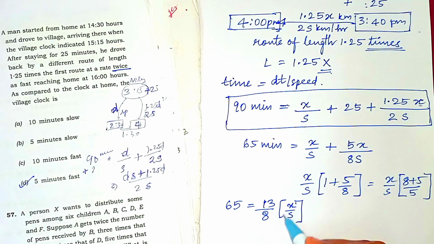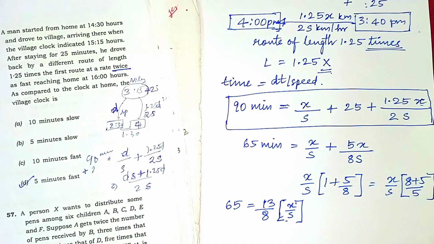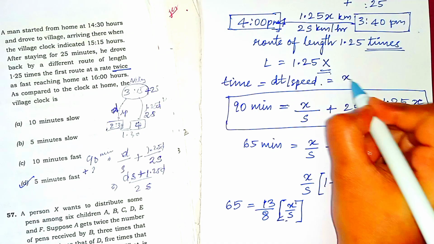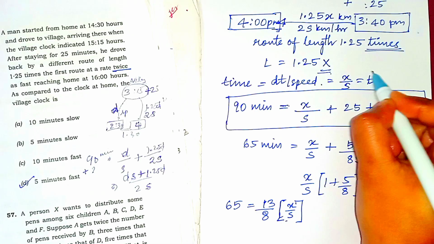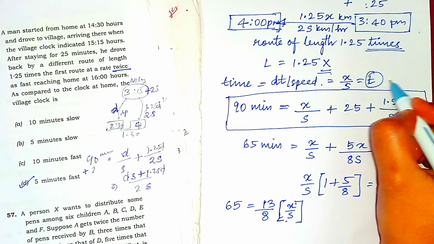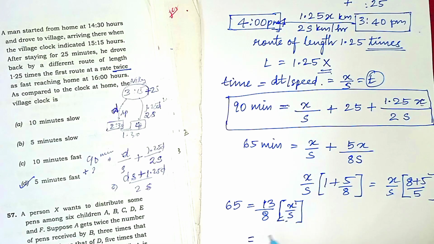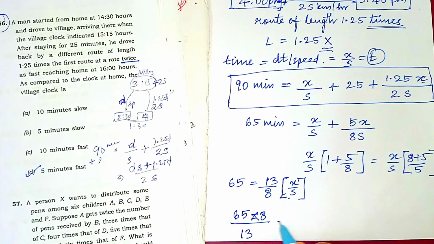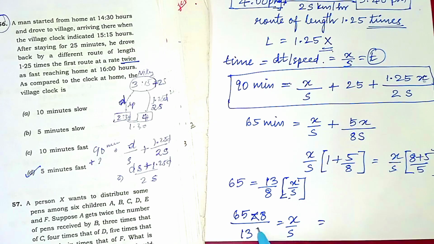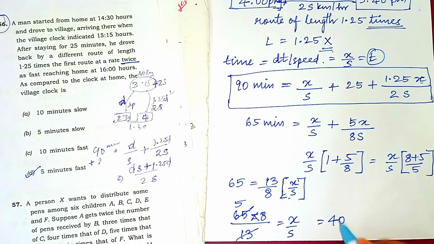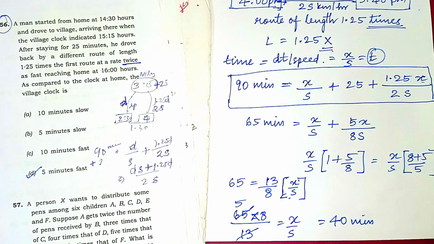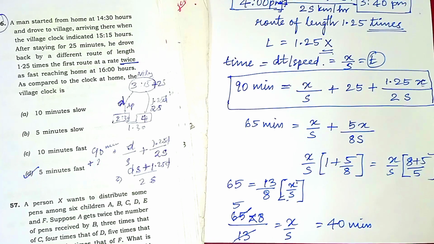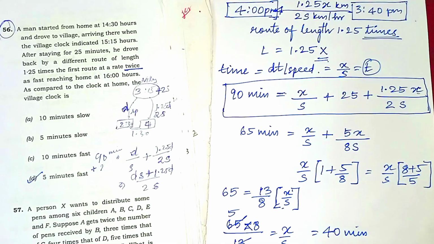Remember, x by s, whatever I'm writing here, is actually the time taken to reach the village from his home. So 65 into 8 by 13 would give you x by s, which is 13 5s are 65, 5 8s are 40 minutes. So it takes 40 minutes to reach his village.